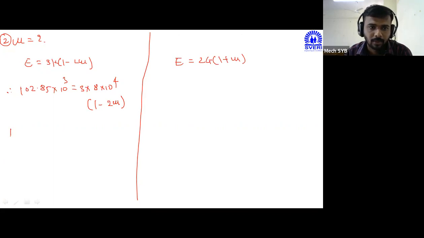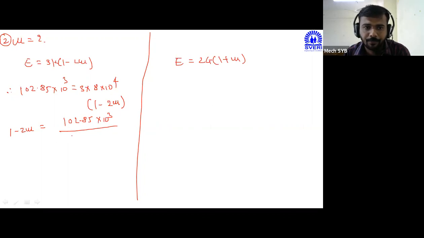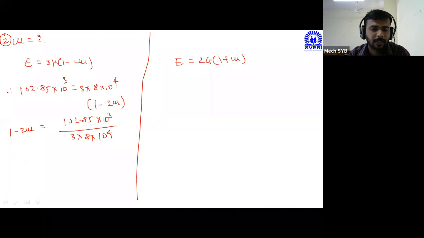So what I will do? 1 minus 2 mu I will keep as it is. 102.85 into 10 raised to 3 divided by 3 into 8 into 10 raised to 4. The term 1 minus 2 mu is in the bracket, so we kept the bracket term on one side and took the remaining terms to this side. So see what value of mu you get. Find this term, 0.28. Just I will check.